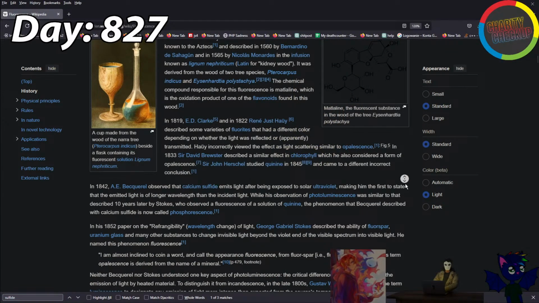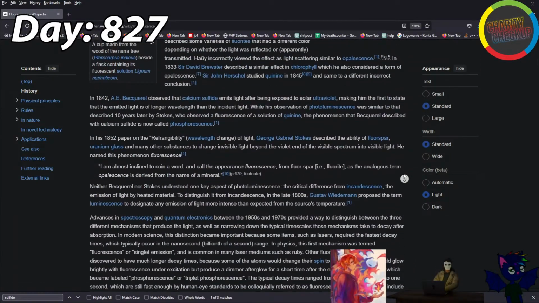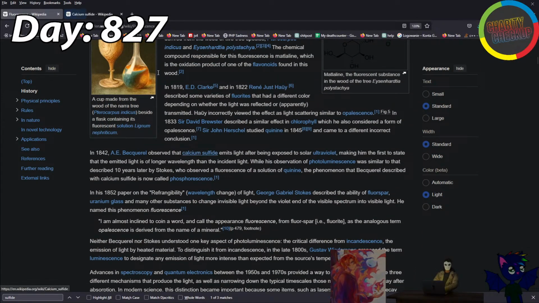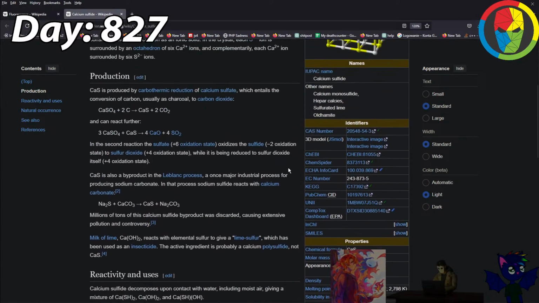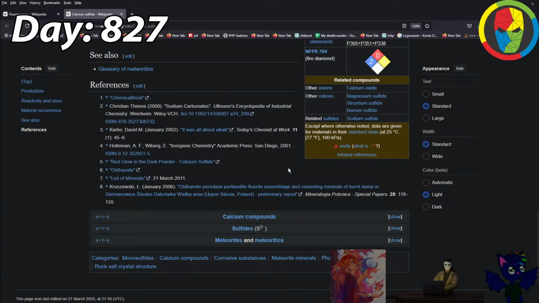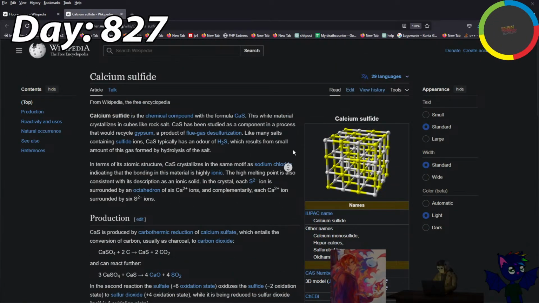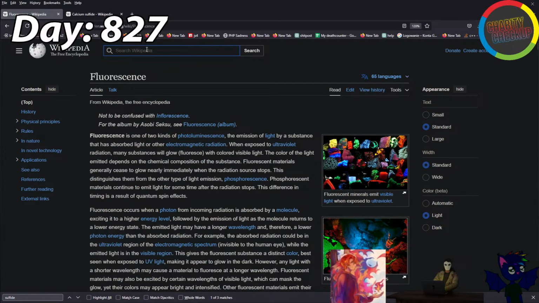I think copper sulfide. No, wait, not copper sulfide. Cadmium sulfide, maybe? Not cadmium. It might actually have been calcium sulfide. Yeah, I think it might have been calcium sulfide. But there was also another one that was easier. Wait, photo stuff.